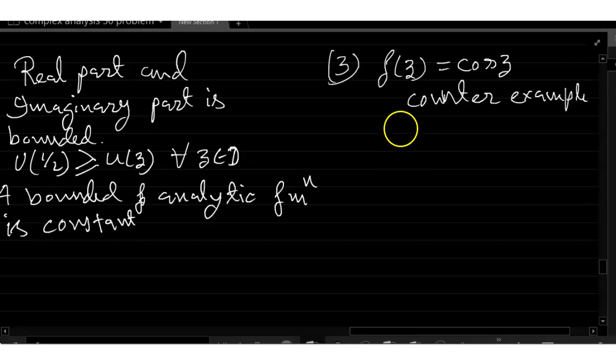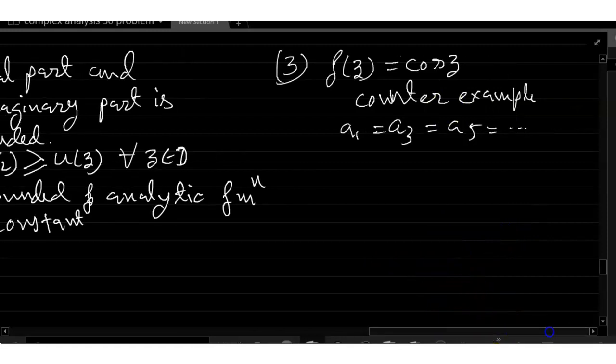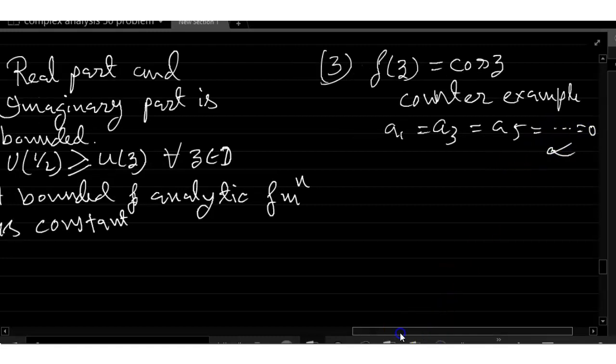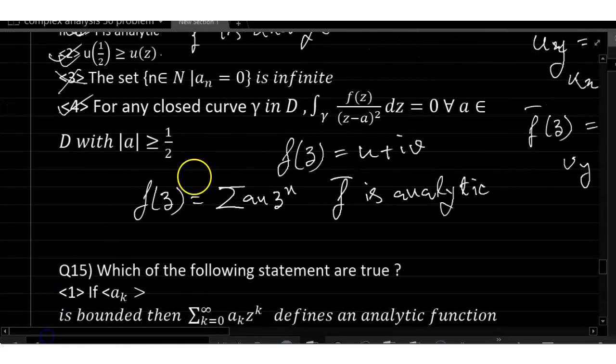Cos z is the sum over a_1, a_3, a_5 up to infinity. So cos z is not a constant function.